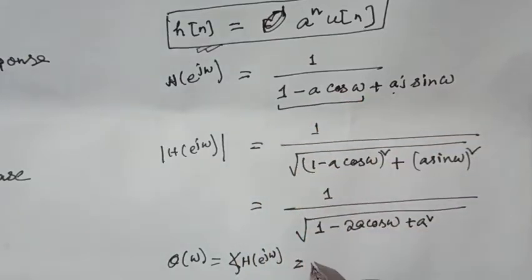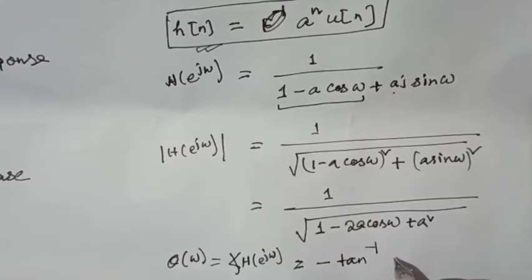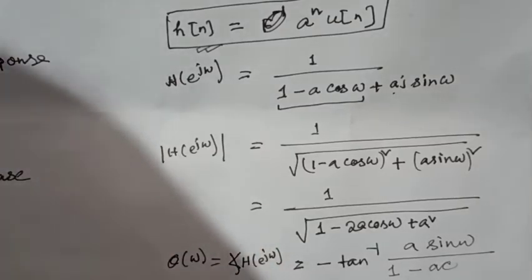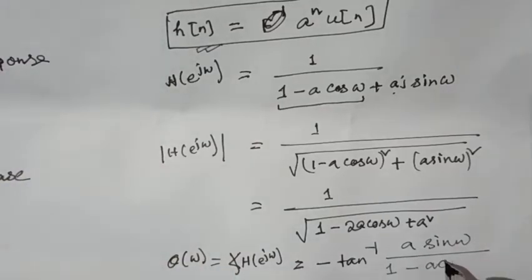So finally it will be minus tan inverse of a sin omega divided by 1 minus a cos omega.